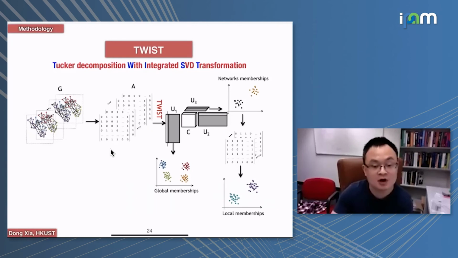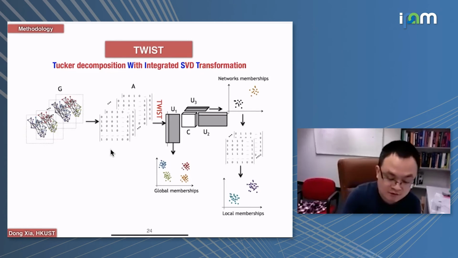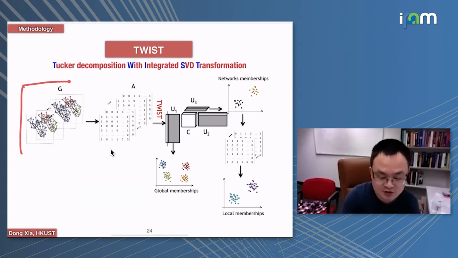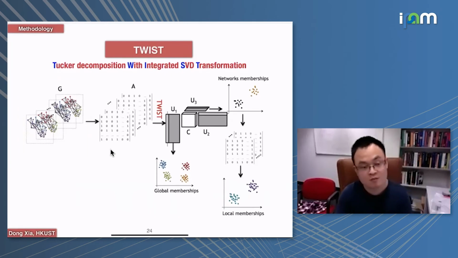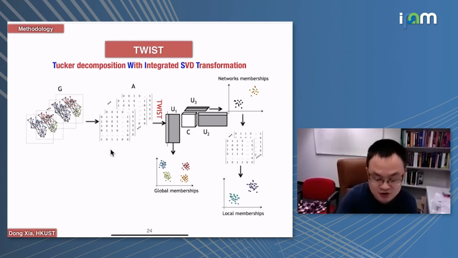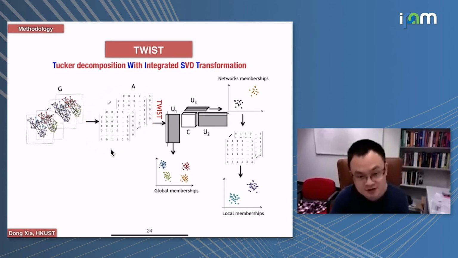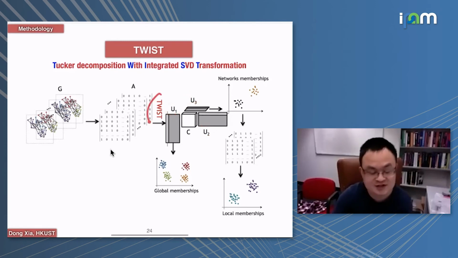So the whole procedure for our method is given by this diagram. First of all, we observe many layers of networks. Then from these networks, we construct an adjacency tensor. For this adjacency tensor, we apply some regularized tensor decomposition and obtain the estimated singular vectors. Our method is called TWIST.